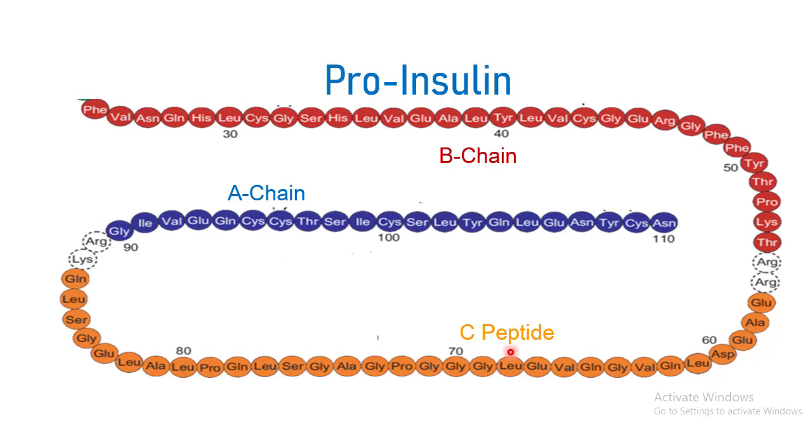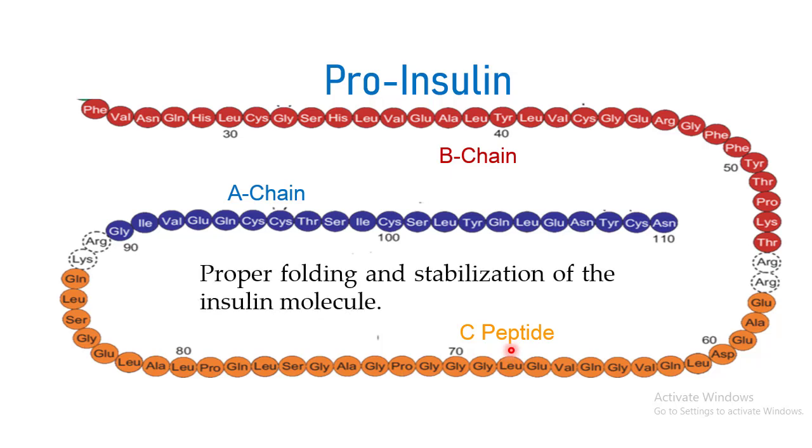Now, what is the function of the C peptide? The C peptide is very important for the proper folding and the stabilization of the insulin molecule. And once that particular folding and stabilization has been achieved, we are going to get rid of this C peptide. So how do we remove the C peptide to convert the proinsulin into the mature insulin?